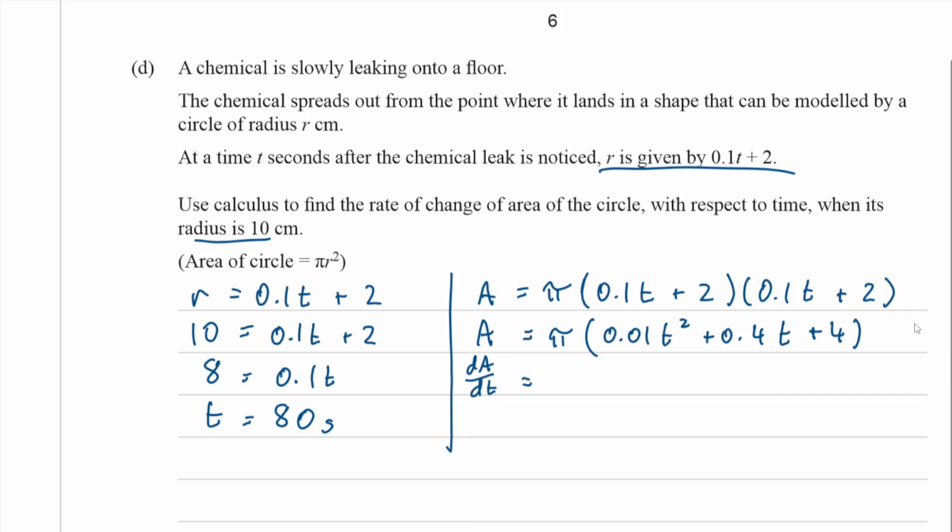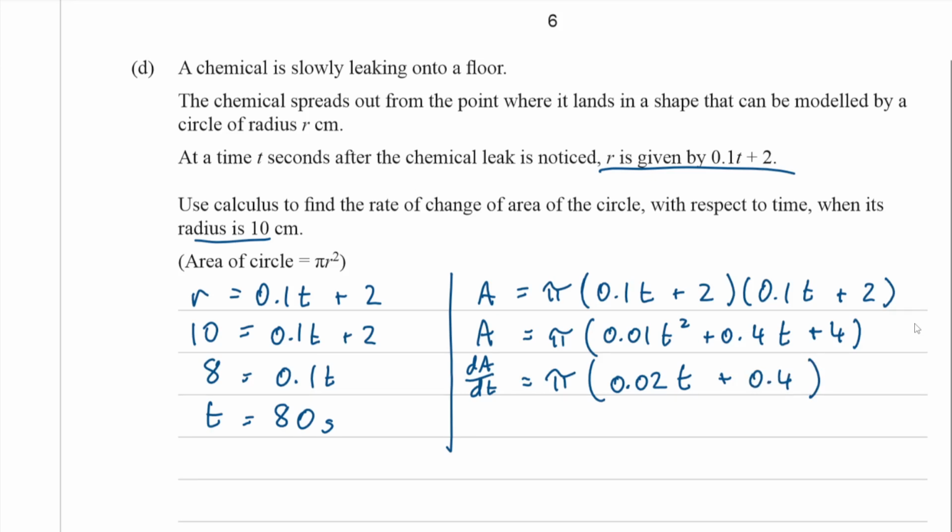So the pi can stay out the front, and just looking at the brackets, the power, 2 times 0.01, 0.02t, subtract 1 off the power, 0.4t becomes 0.4, plus 4, the derivative is 0.